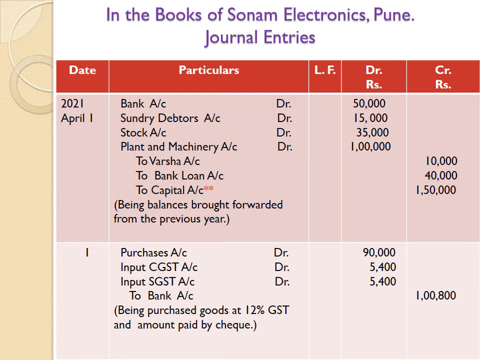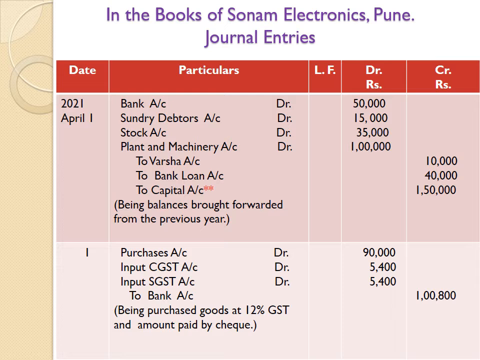So here take into account the formula of capital: capital is equal to assets minus liabilities. We may put it in an equation, C is equal to A minus L. C means capital, A means assets, L means liabilities.